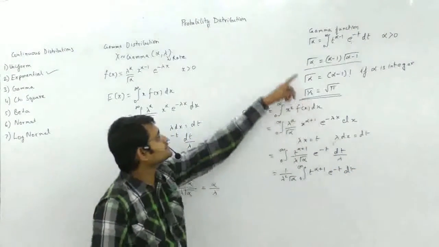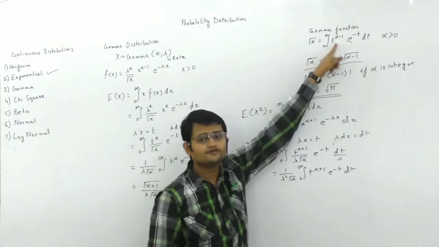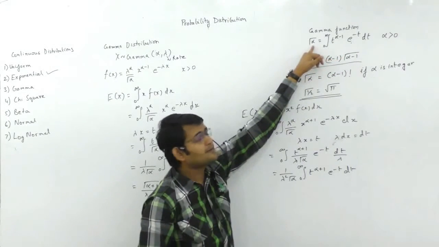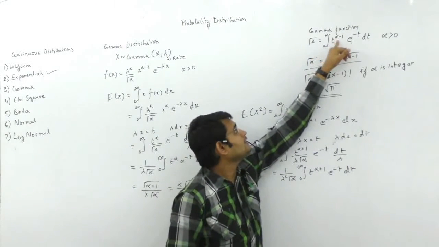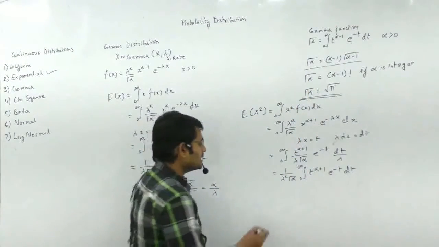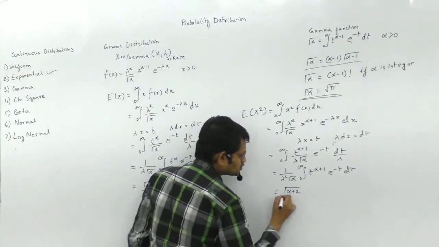Again it is similar to the gamma function. Just the difference is here we had alpha plus 1, here we have alpha plus 1. So for gamma of alpha we get alpha minus 1. So to get alpha plus 1, it is going to be gamma 2.